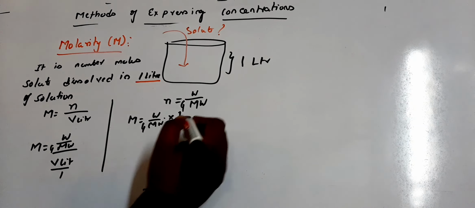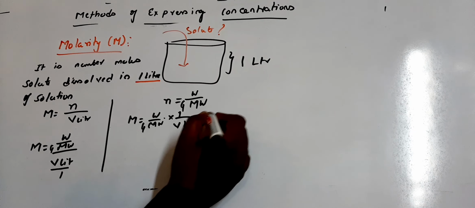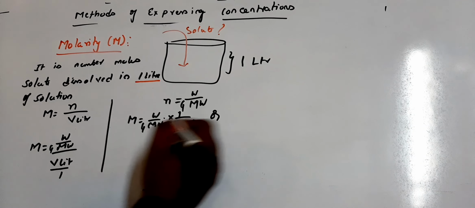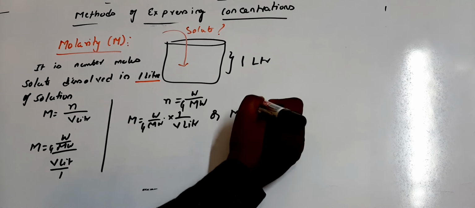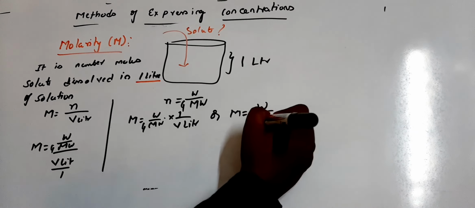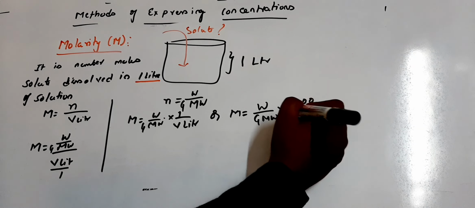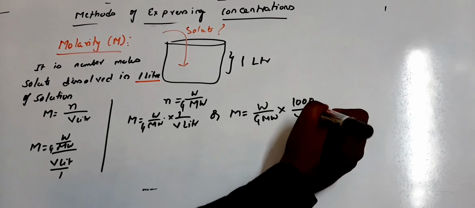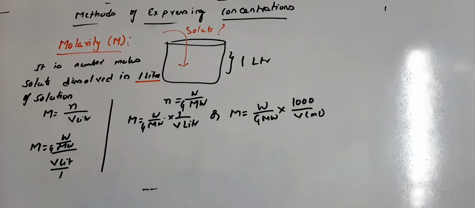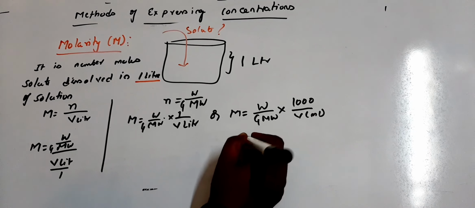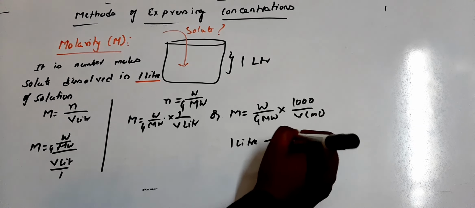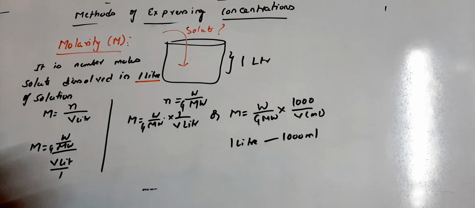If we convert liters into ml, the equation is M is equal to W by GMW into 1000 by V in ml. We know that 1 liter is equal to 1000 ml. This is the molarity equation.